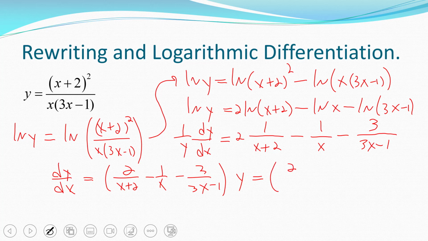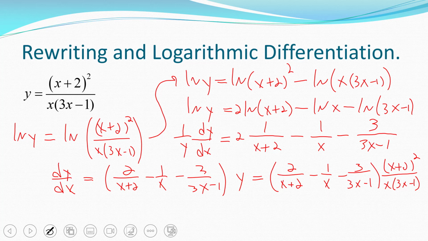That then gives me 2 over x plus 2 minus 1 over x minus 3 over 3x minus 1 times y, which is x plus 2 squared, all over x times 3x minus 1. And that's the answer. That's what the derivative is of y in terms of x.